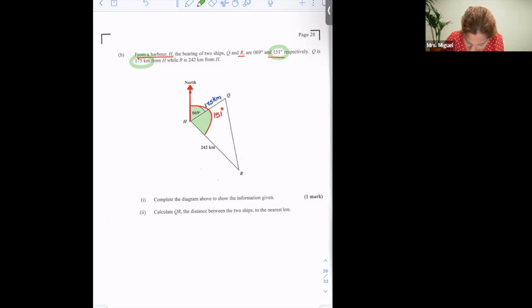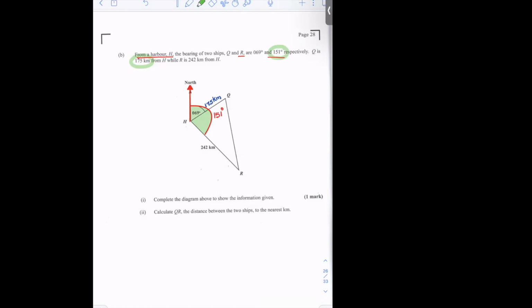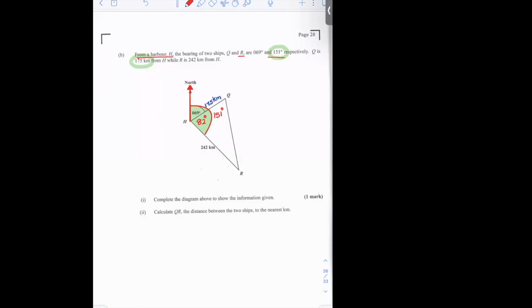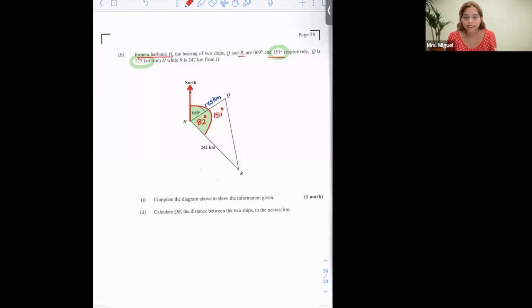So how much again to make 151? 82, miss. Did you all get that? Yes, miss. Be careful that you do not put 151 for the whole angle, because automatically it throws off the whole question, right?